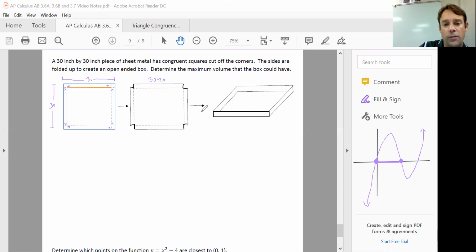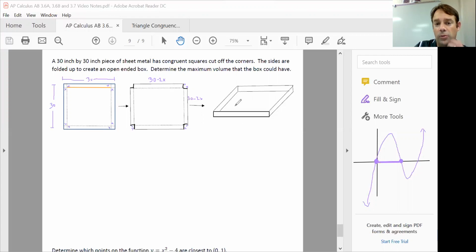And if I did it from the other side, that would make this over here also 30 minus 2x. And so the height of our box is still x. I still have those x's hanging out there.